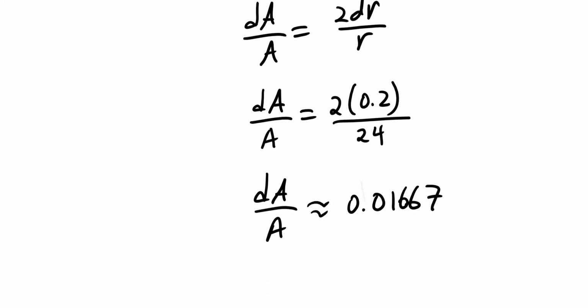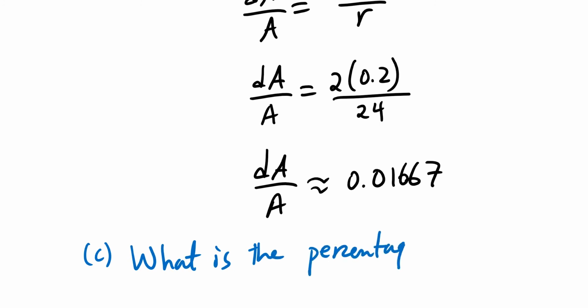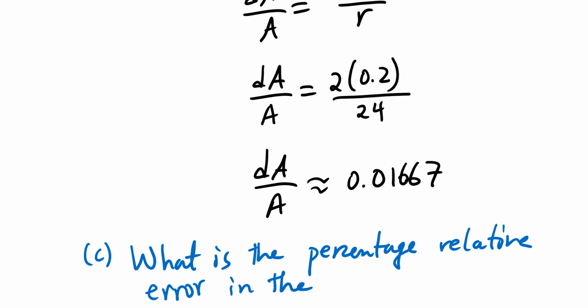What about if we add one more part to this? Let's ask about what is the percentage relative error in the area. In the area means the area of the circular disk.